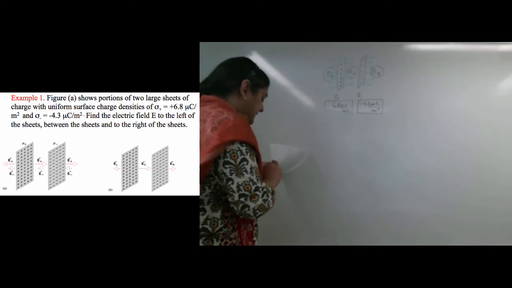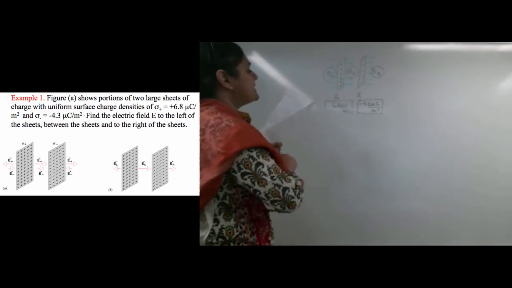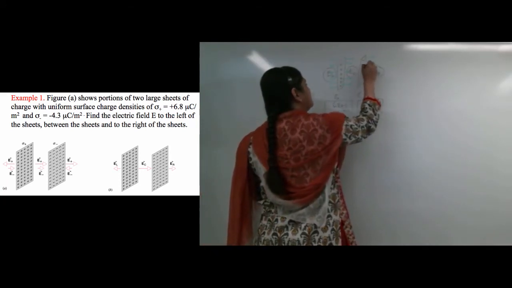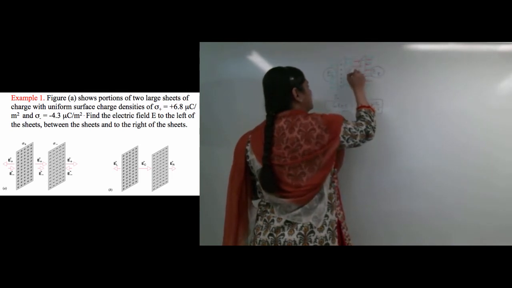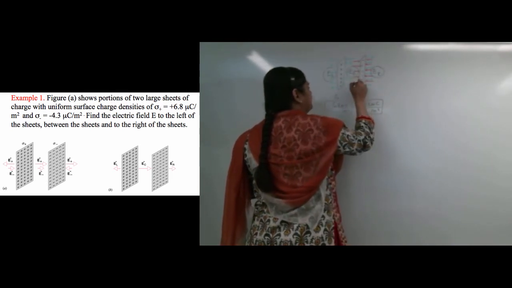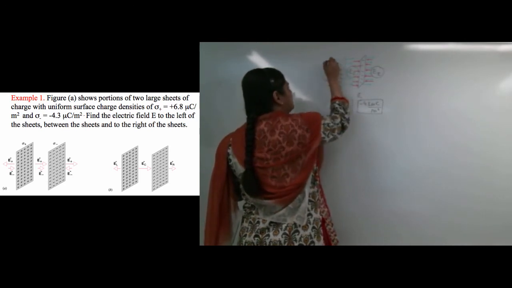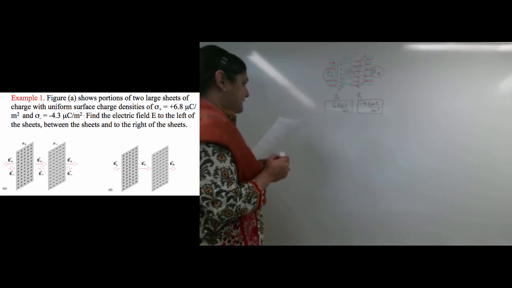The right-hand side is a negative field, right? So in this case, the field will be pointing inwards from both sides, right? And again, on this side also, because of this, it is going to be pointing inwards. So these are my two fields that I have.